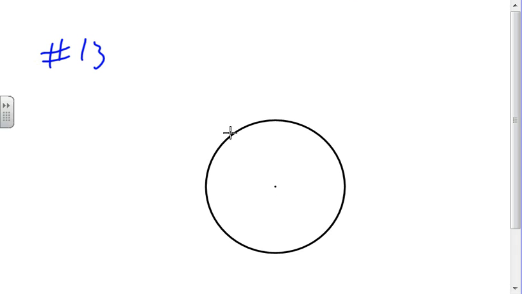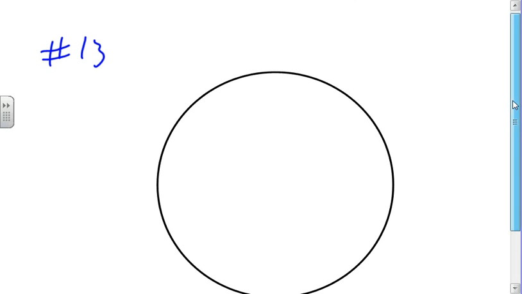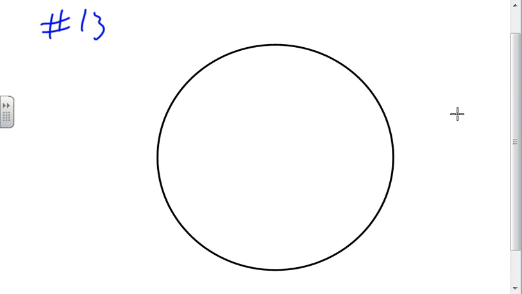13 will be next. In the figure below, find the angle DEF. Obviously we need to start with a better than normal picture. So we'll start there. Make it a little smaller maybe.